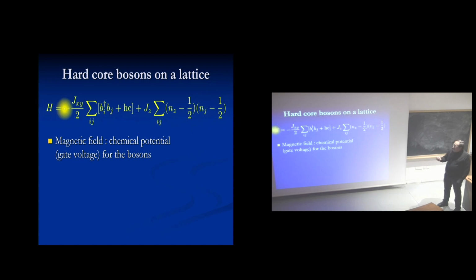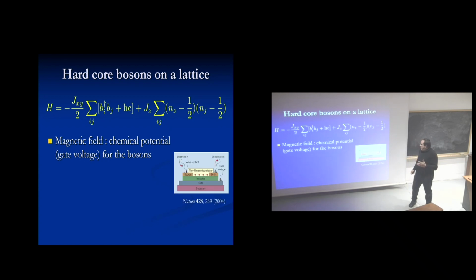So this Hamiltonian, written in the language of bosons, is nothing but the XXZ model, where you get S plus S minus for the spin with a coefficient JXY, and another coefficient for the SZ-SZ interaction. The magnetic field is coupled to SZ, so this will act as a chemical potential for the bosons.